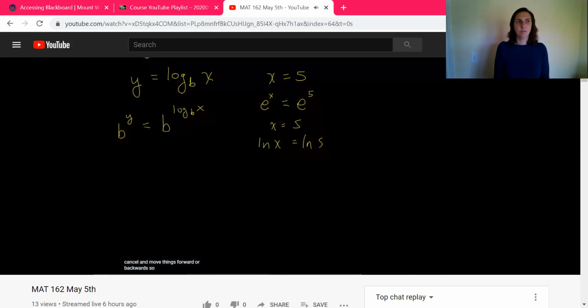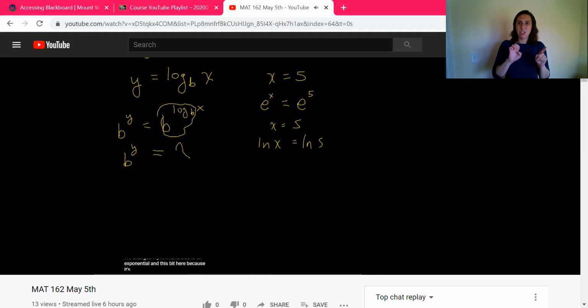So what I'm able to do by forcing this, and I can use that inverse property, is change my left-hand side to an exponential. And this bit here, because it's an inverse, leaves me with x.